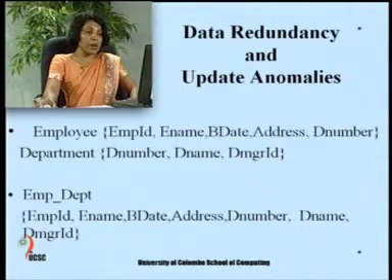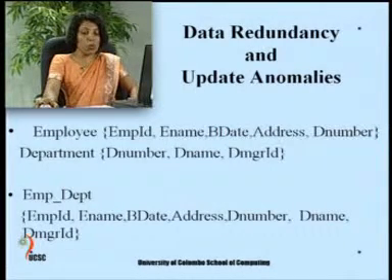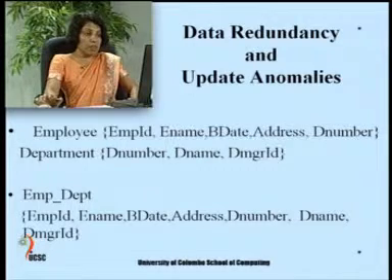So, employee department will have the attributes employee ID, employee name, birth date, address, department number, department name and department manager's ID. Now, I am going to illustrate how data redundancy and update anomalies occur when there is no relationship between the attributes in a relation.